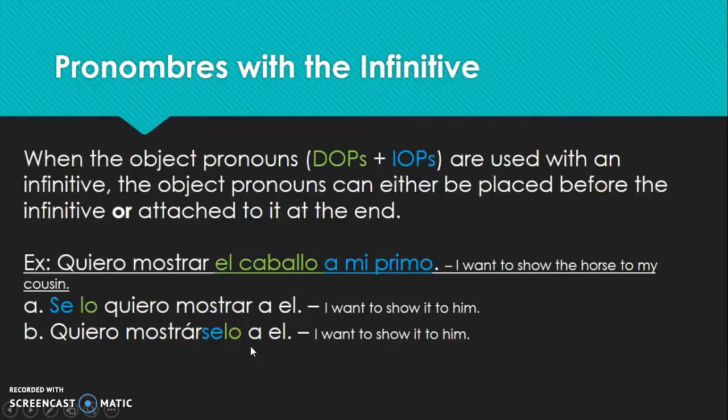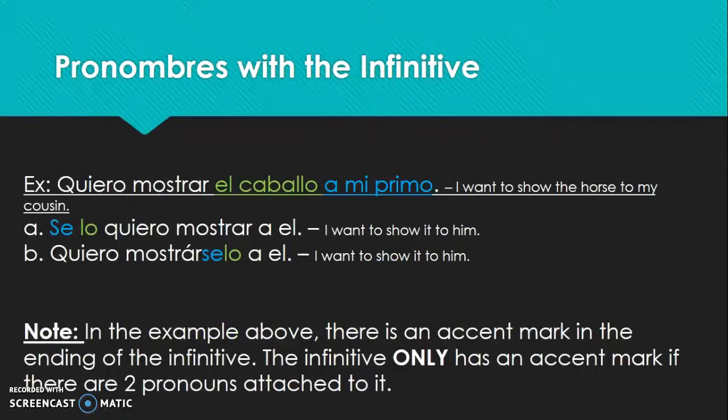Okay? So again, if you have a verb in the infinitive, like we do right here, you can attach the pronouns to the verb. So all you're doing really is where you're used to putting them before, you can attach them to the end now. Okay? So let's look at this in more detail. This is the sentence we just looked at, so don't be confused.